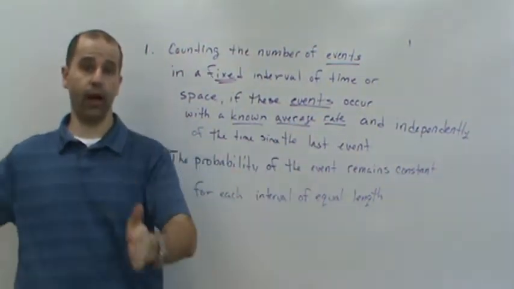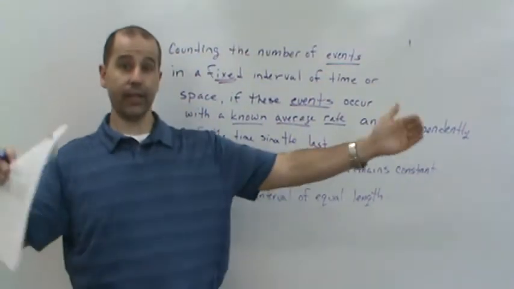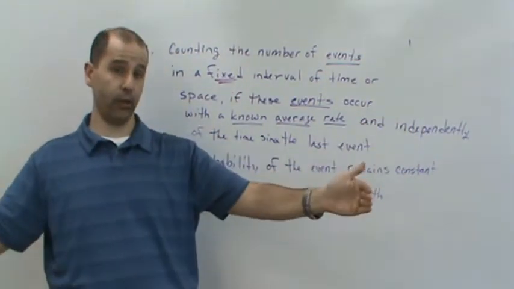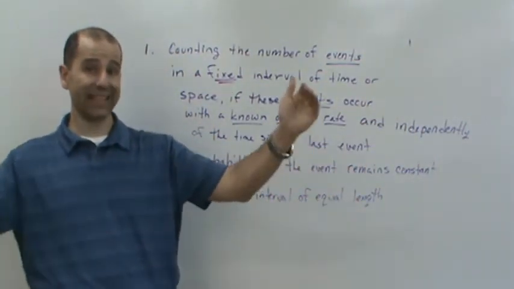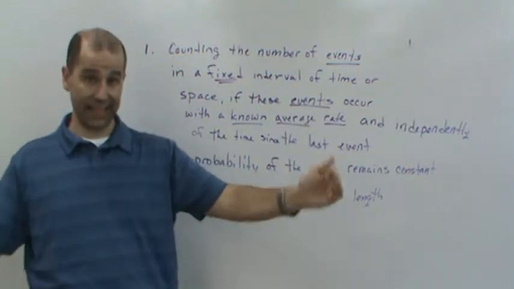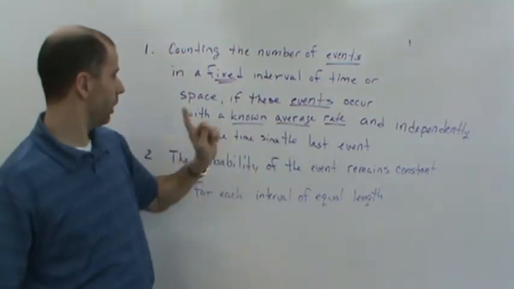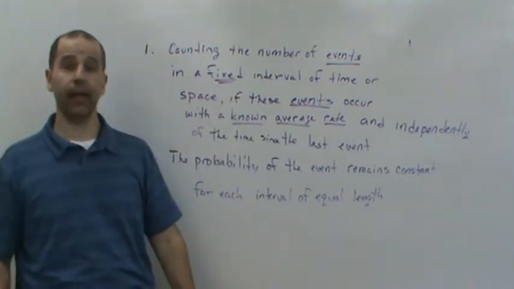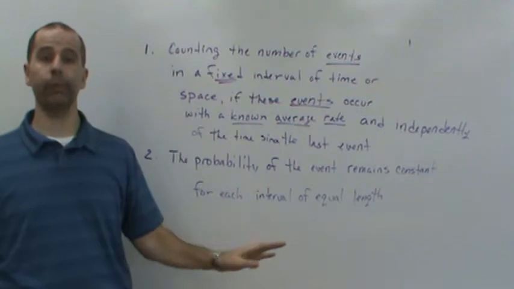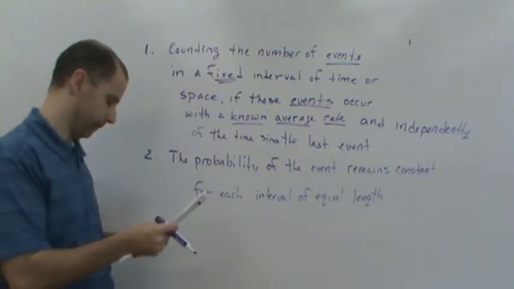So regardless of which time interval or space interval I choose, as long as the interval is fixed, then the probability of an event will be the same. Okay, that's what that's saying.